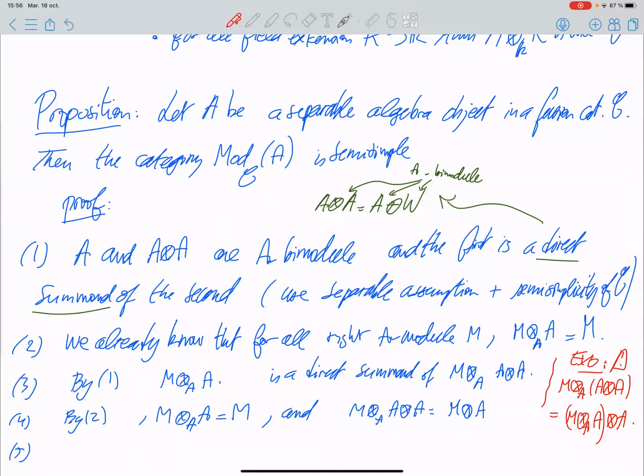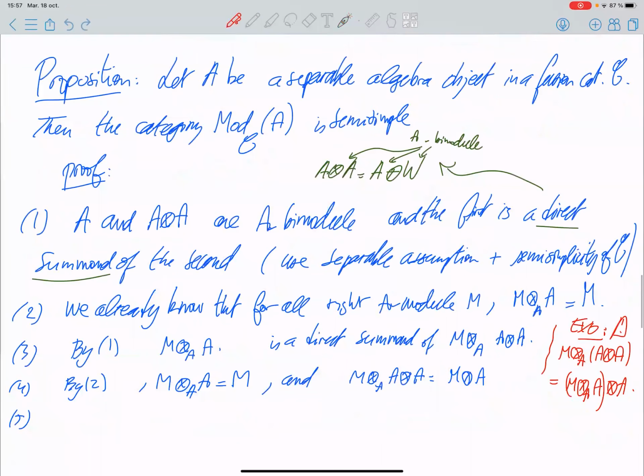Should we show that, or is it in the definition? We have to be careful about that A here, because there is a quotient. So you have to be careful about that. I hope it's okay. Anyway, so next.